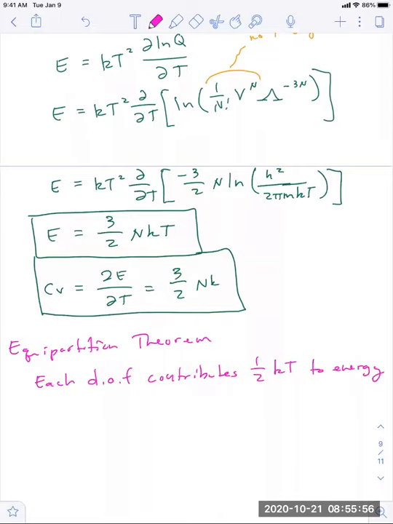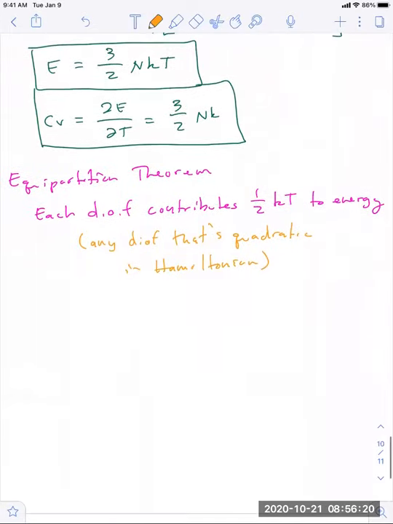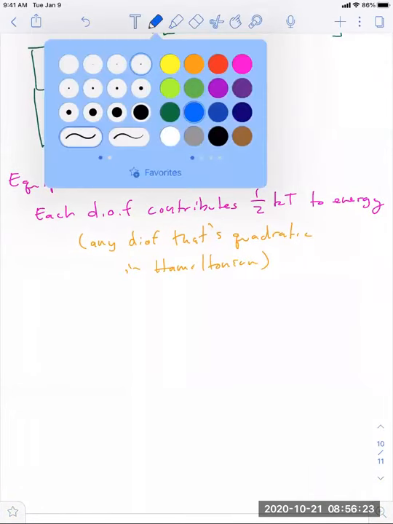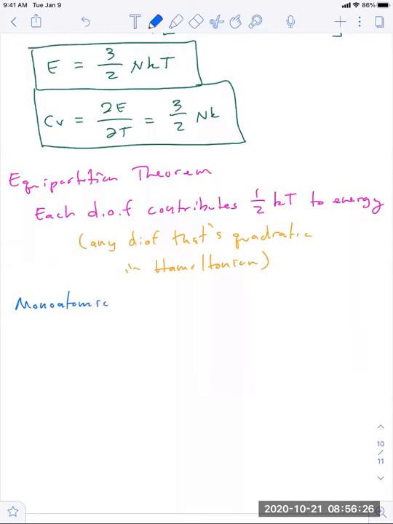And more specifically, it's not any degree of freedom, but any degree of freedom that's quadratic in the Hamiltonian. So for our system, a monoatomic ideal gas, we say the energy is 3n times 1/2 kT.